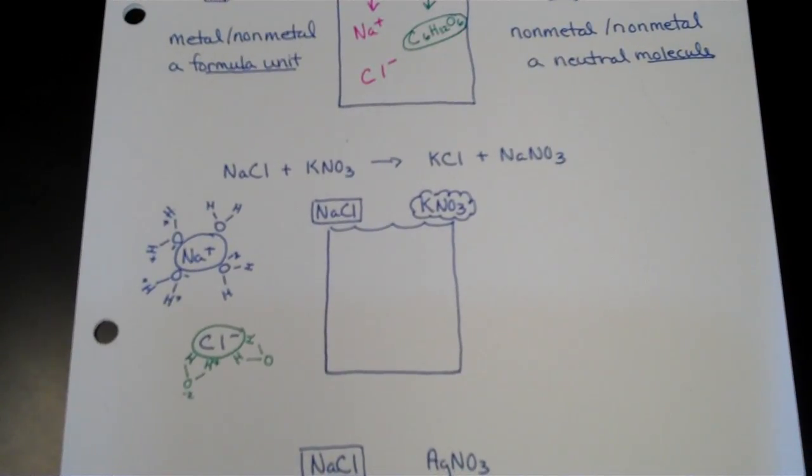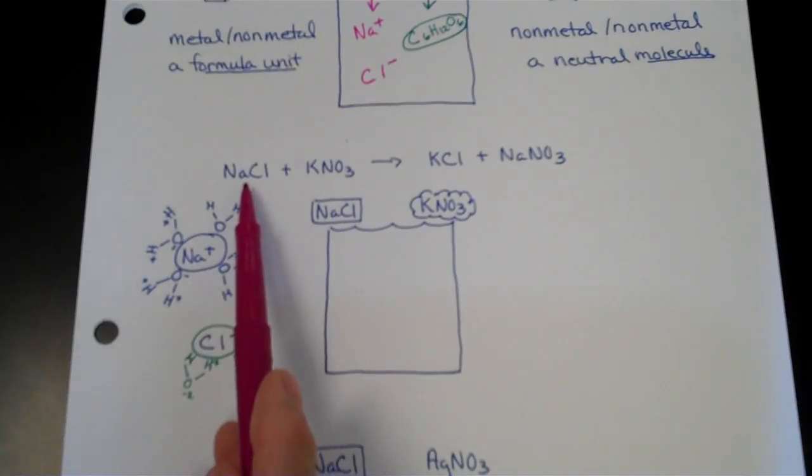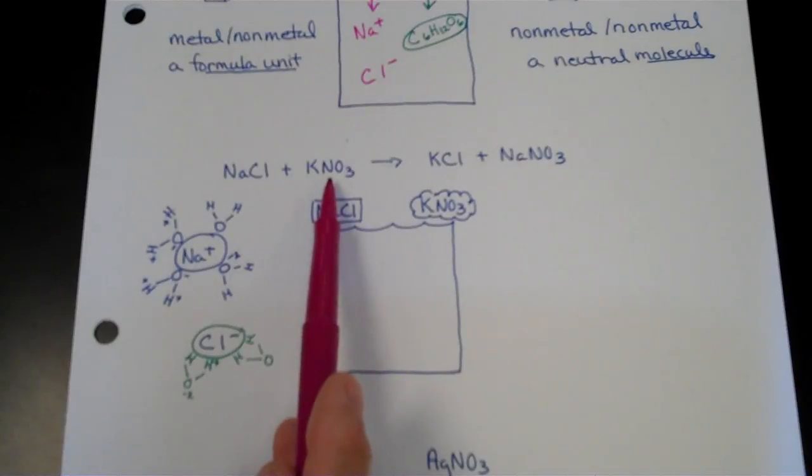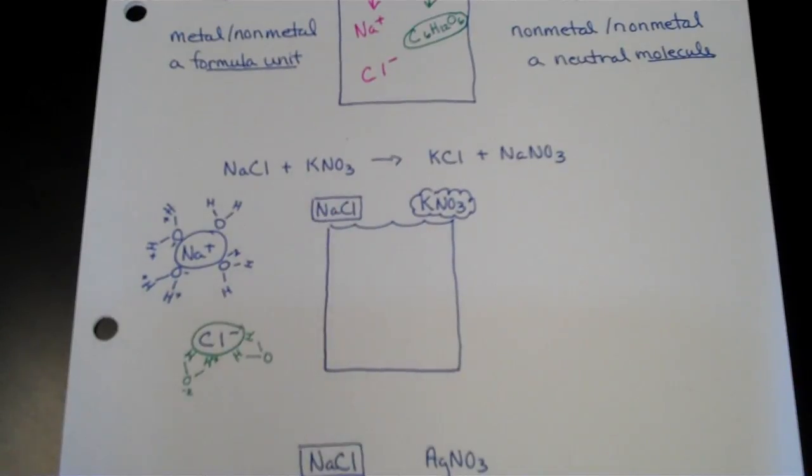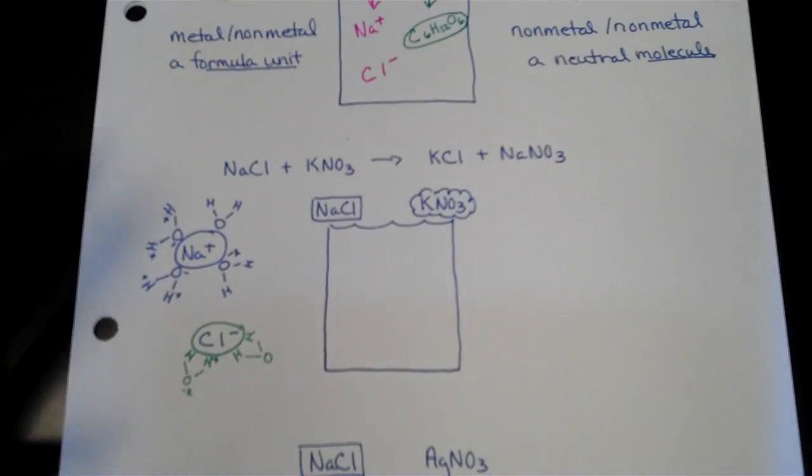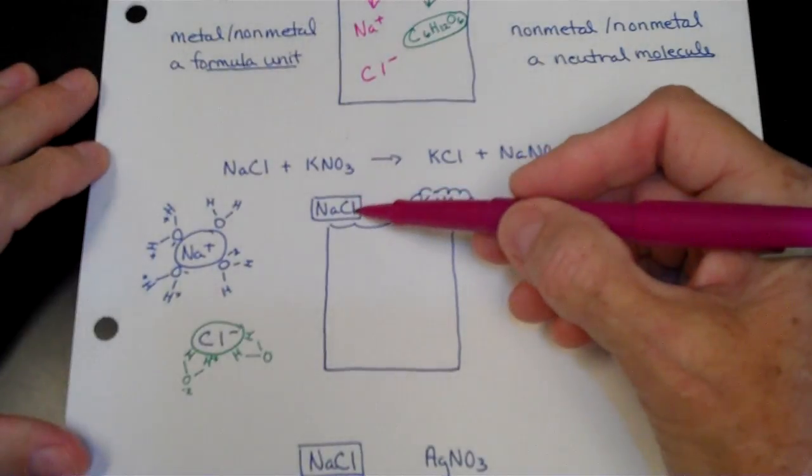Let's look again, this time at a chemical reaction. And the chemical reaction we're going to look at is sodium chloride plus potassium nitrate being dissolved in water. This is a double displacement or a double replacement reaction. Again, sodium chloride is going to dissolve.